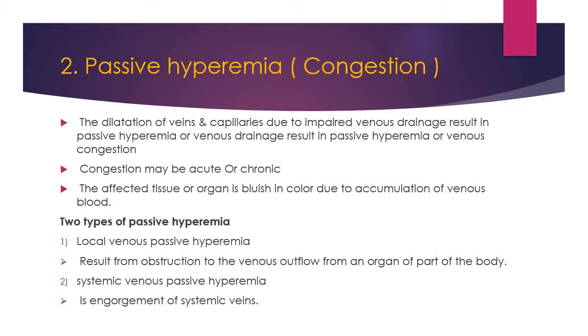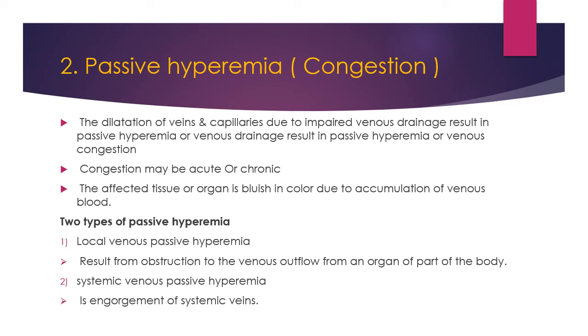This results from obstruction to the venous outflow from an organ or part of the body, for example portal venous obstruction in cirrhosis of the liver. Then there is outside pressure on the vessel walls, as occurs with a tight bandage, plasters, tumors, pregnancy, or hernia. These are all causes of local passive hyperemia.